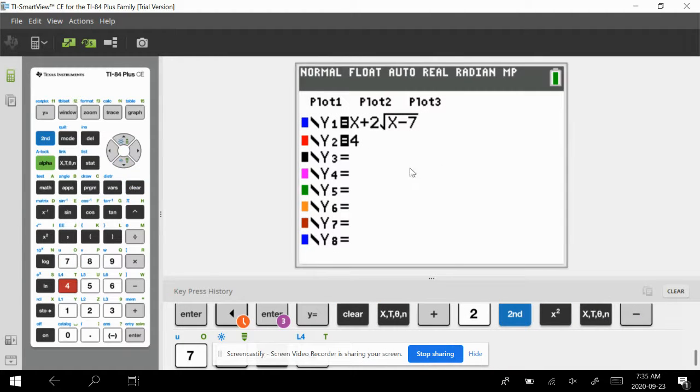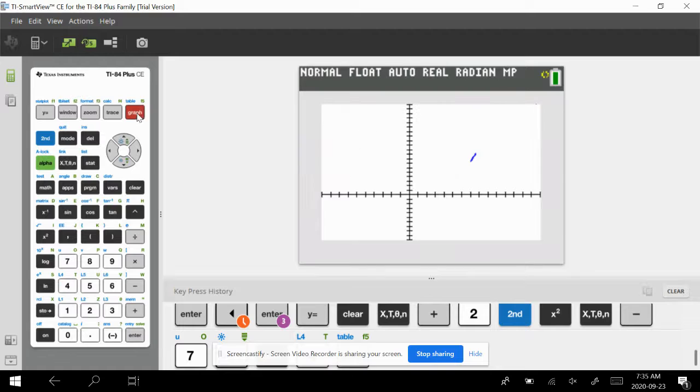So here we have y1 equals x plus 2 times the square root of x minus 7, and then we have y2 equals 4.